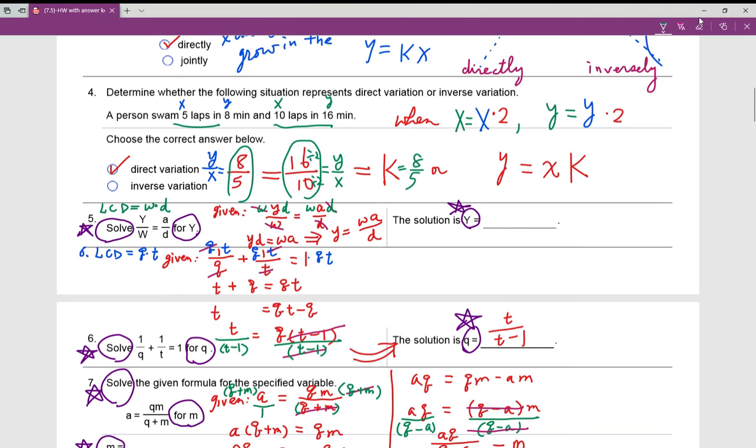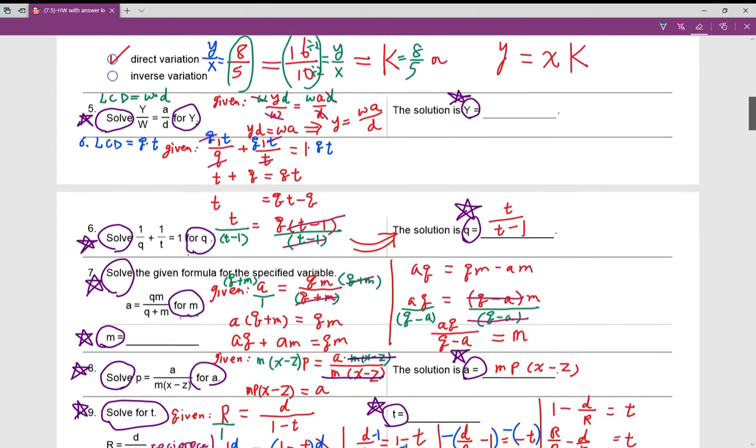The question will tell you solve for q. Number 7, solve for f. Number 5, solve for y. Otherwise, you may solve for w, solve for a, solve for d, solve for whatever you want. Okay, so you need to follow the instruction to solve for the equation.